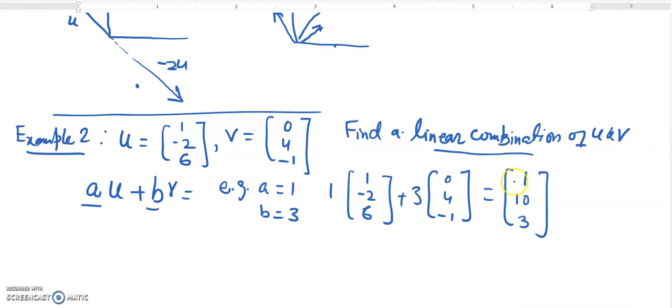I hope my arithmetic is correct. So this will be the linear combination of u and v. Similarly, by choosing any values of a and b, we can find many linear combinations. So we have an infinite number of linear combinations.